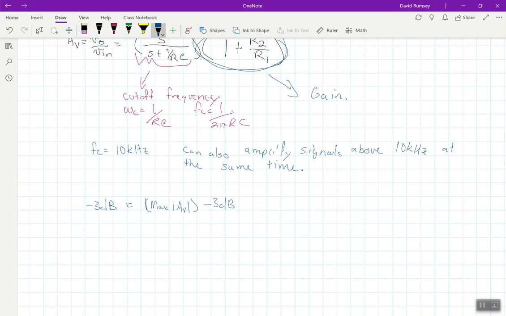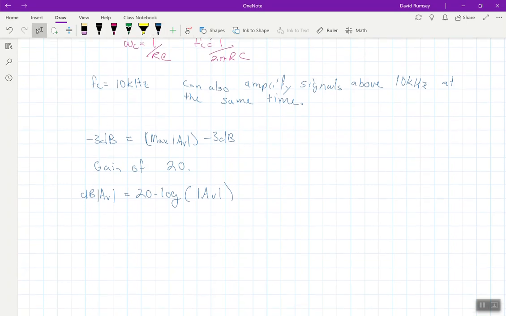Let's do a quick example to illustrate that. Let's suppose we have a gain of 20. I don't care what the cutoff frequency is, just a gain of 20. Now to convert the gain to decibels, the formula is decibels of my gain is equal to 20 times the log base 10 of the absolute value of our voltage gain.